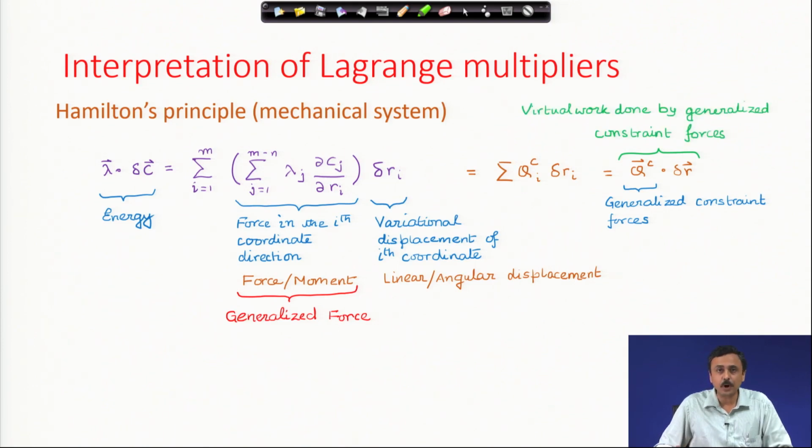This whole dot product has dimensions of work, because it is force dot displacement. This is virtual work, because it measures work due to virtual displacements of the physical coordinates. Therefore, this is the virtual work done by the generalized constraint forces under the variation delta R.